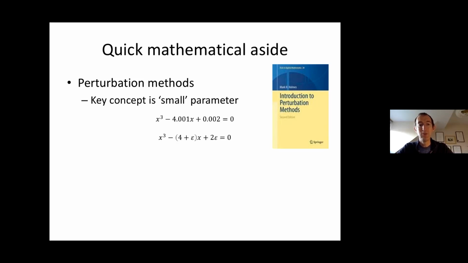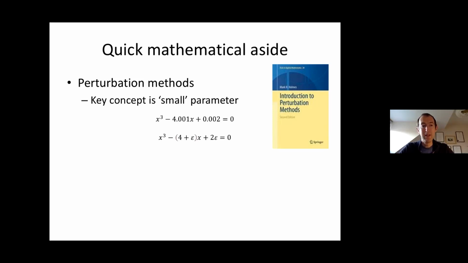I said I need a small parameter, so what I do is redefine 0.001 as my epsilon. Epsilon is what I always use for a small parameter, and you'll see that again when I put up some of the results from what we've been doing. So we have this parameter epsilon, and I've now rewritten my equation in terms of epsilon.